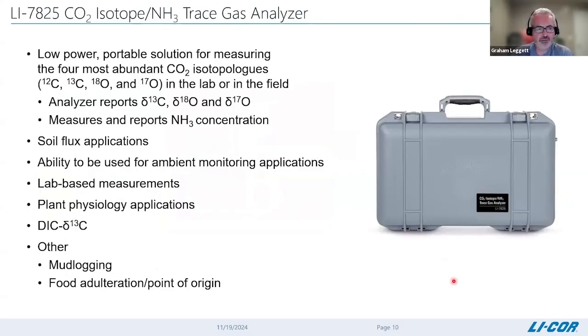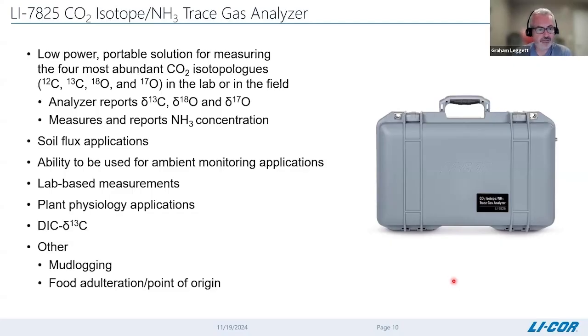Moving on to the instrument, if you're familiar with the trace gas analyzer platform, you'll notice that this looks exactly the same as our concentration instruments for N2O, methane, CO₂. It's based on the same technology, the same low power portable solution, and it's capable of measuring the four most abundant CO₂ isotopologues, so 12C, 13C, 18O, and 17O.